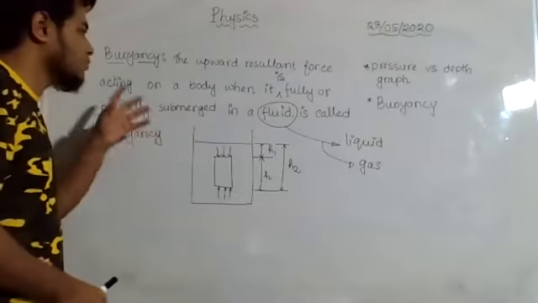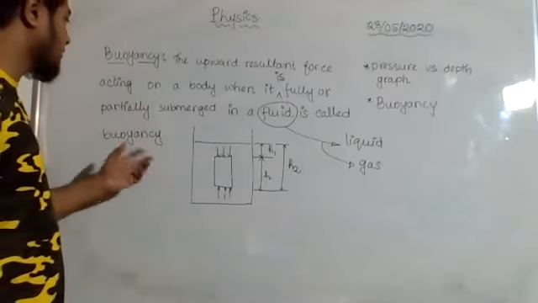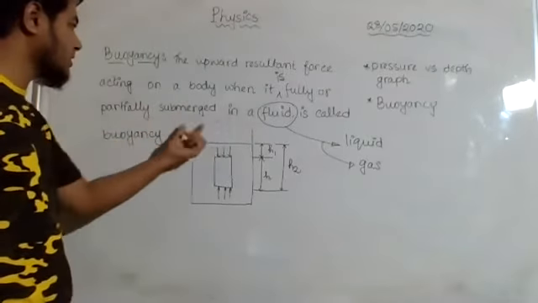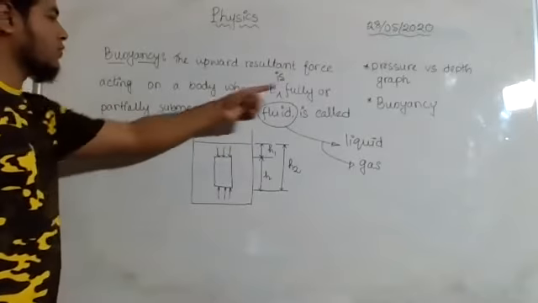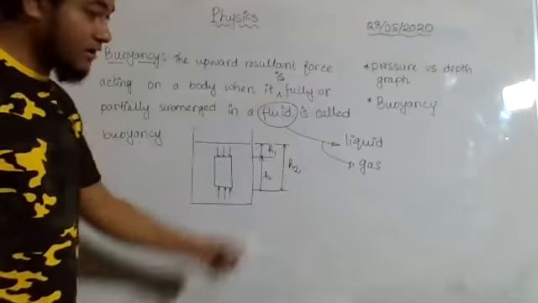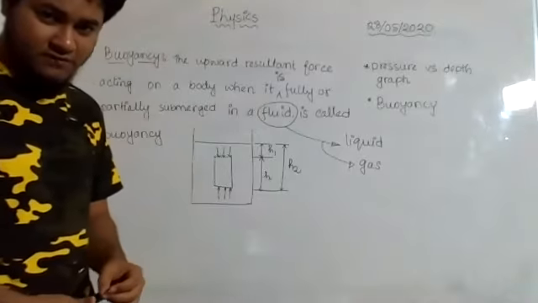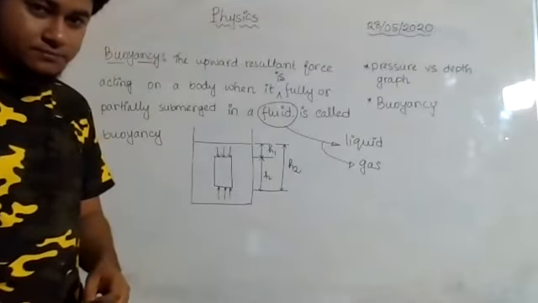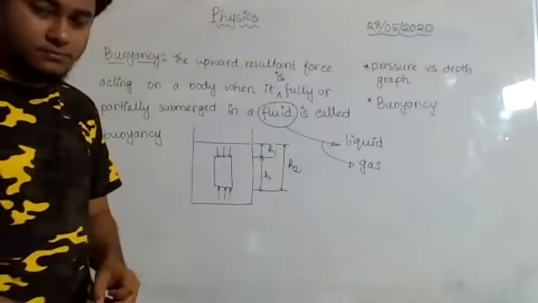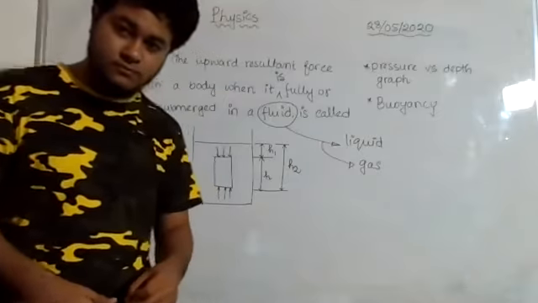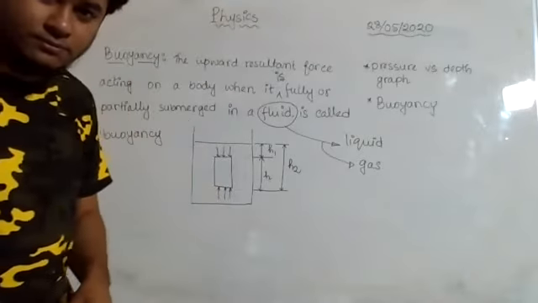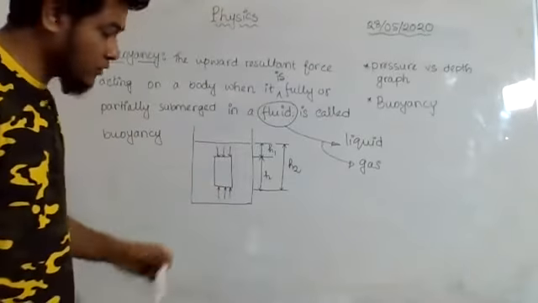Other than that, do you have any doubt regarding any of the terms like partially or fully submerged or fluid? You are already familiar with force and resultant force. What is resultant force? I already explained. So if anybody has any doubt, kindly raise your hand. Nobody? Sir, I have. Bolo?